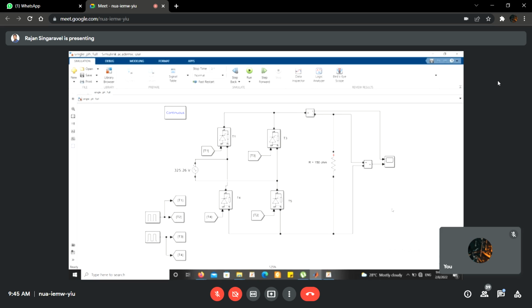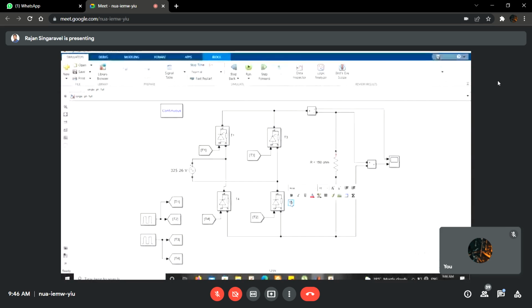The load is purely resistive, a 150 ohm pure resistor, and 4 thyristors are placed in the bridge circuit. They are named T1 and T3 for the top thyristors, and T4 and T2 for the bottom ones.